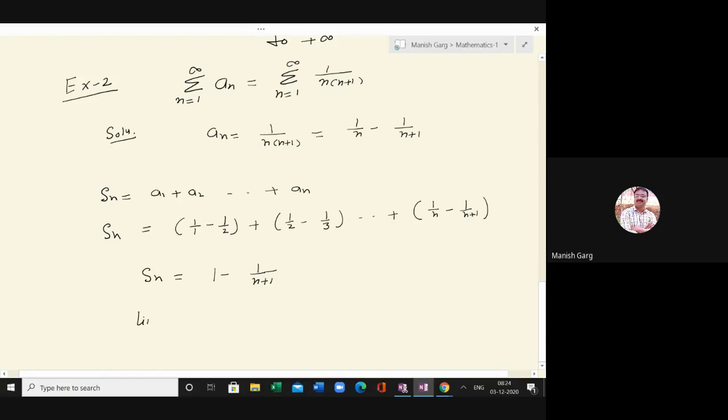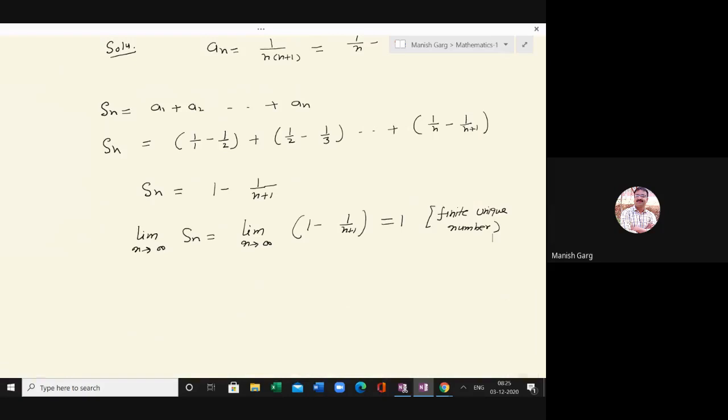So here take the limit as n tends to infinity of Sn, the limit of 1 minus 1 upon n plus 1. So this will be 0 and this is 1, which is a finite unique number, whatever be the value of n.